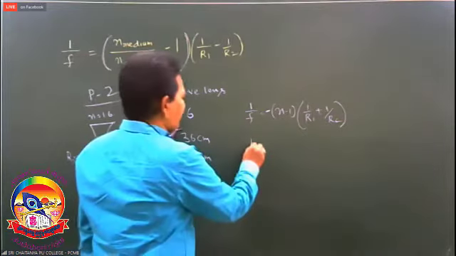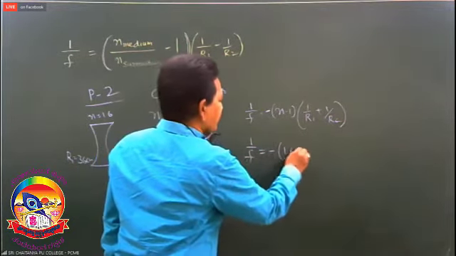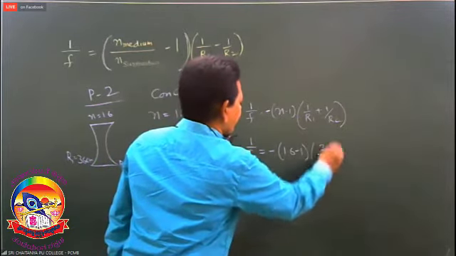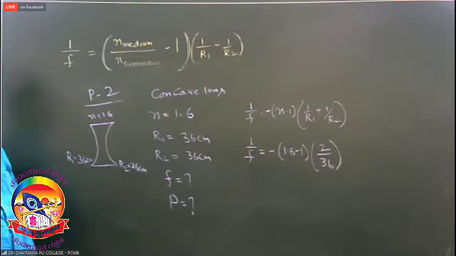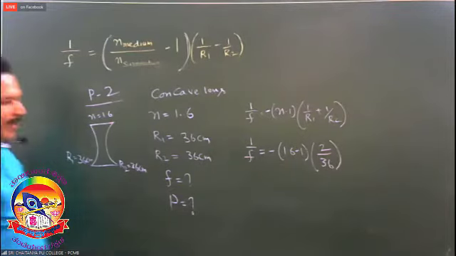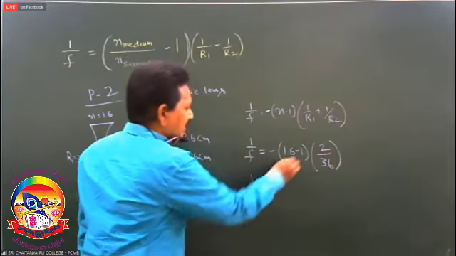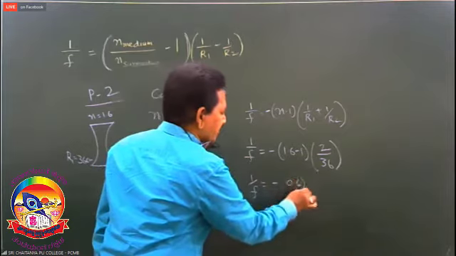So 1 by f is equal to minus (1.6 minus 1) into 2 by 36, because 1 by r1 plus 1 by r1, 2 by r, they are same. 2 by 36 is equal to 1 by 18. This comes out to be minus 0.6.